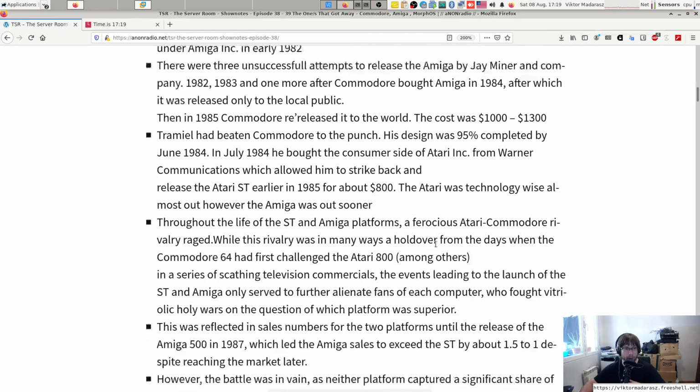Throughout the life of the Atari ST and Amiga platforms, a ferocious Atari Commodore rivalry raged.